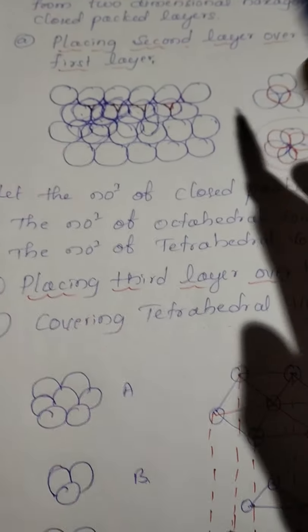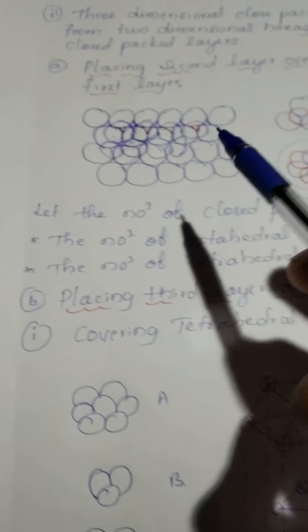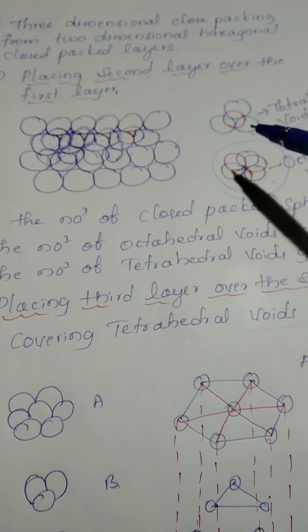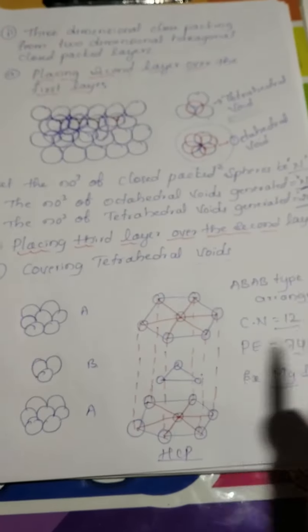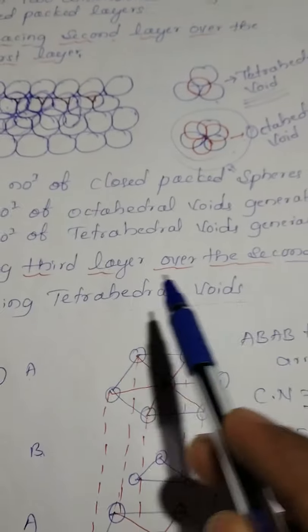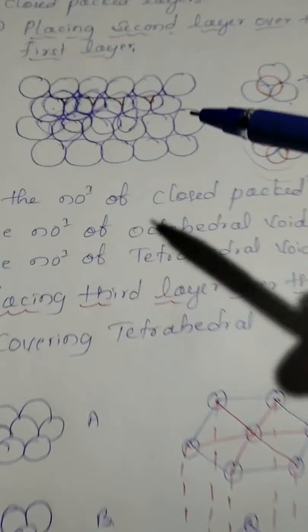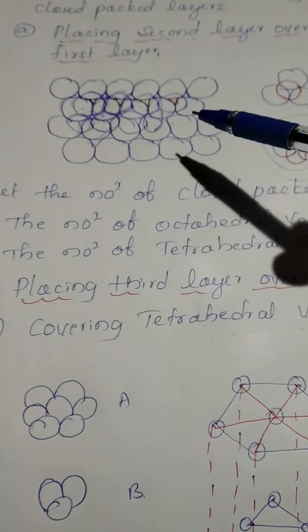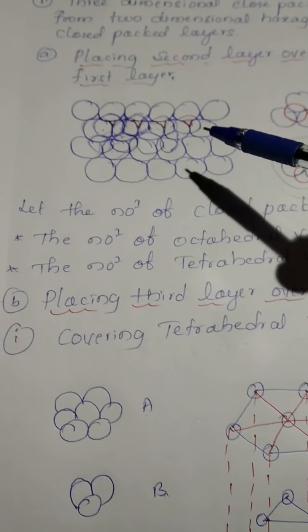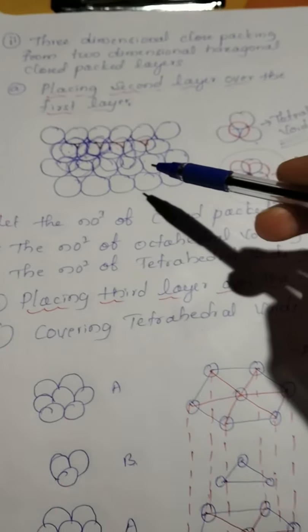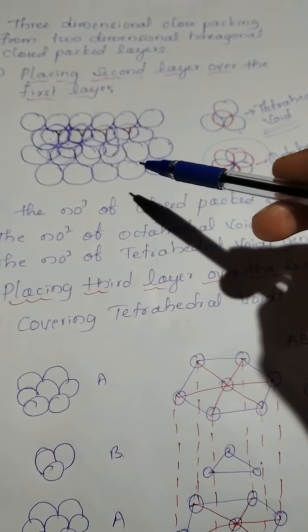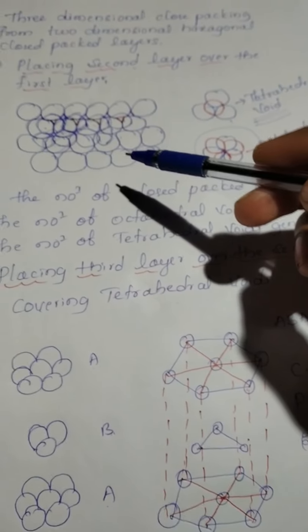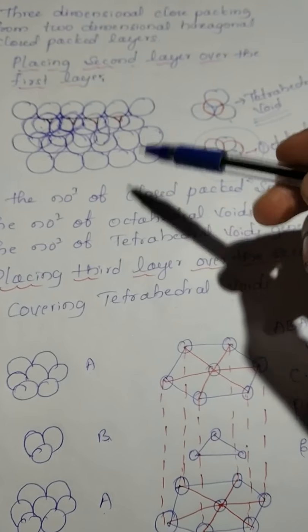Next, now we have placed the second layer over the first layer, and there we get tetrahedral and octahedral voids. Now, placing the third layer over the second layer, there are two possibilities.